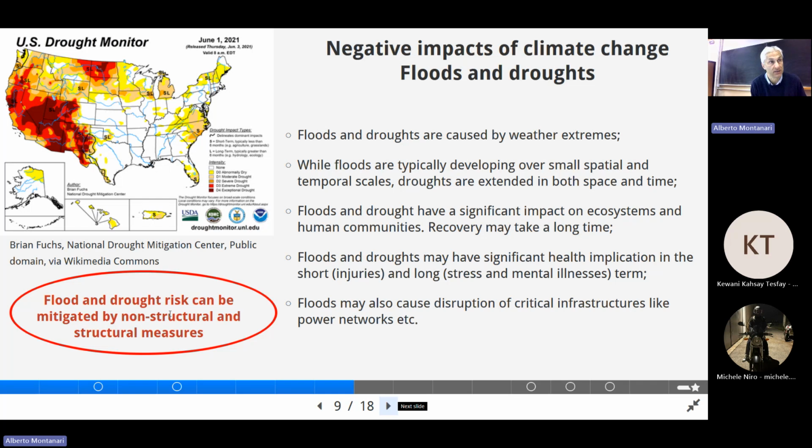If we have time to test nature-based solutions, for sure it is better. But if we don't have time because the problem is urgent, maybe structural measures are needed.